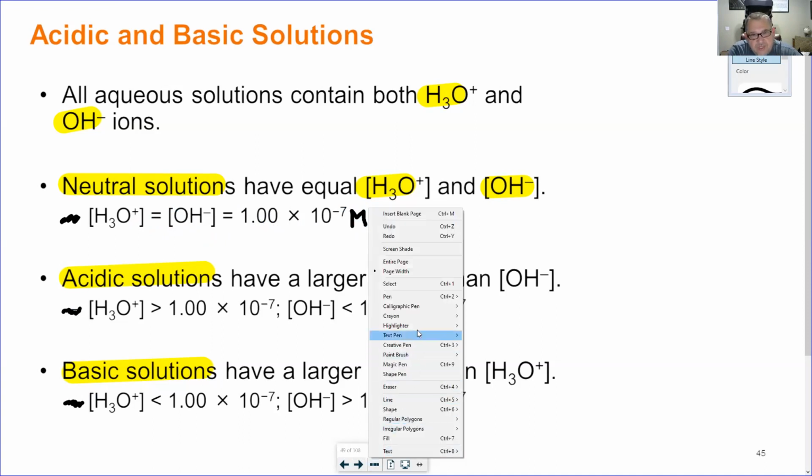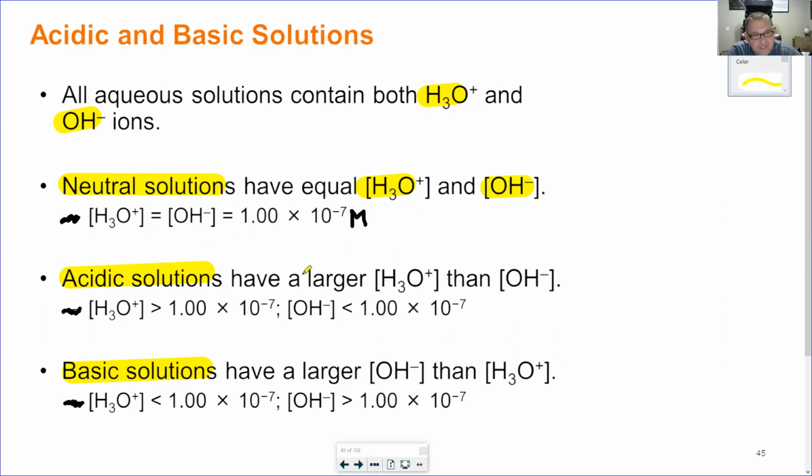By definition, an acidic solution has a larger concentration of the hydronium ion than the hydroxide. So the hydronium ion is something greater than 1 times 10 to the minus 7th, and the hydroxide is something less than 1 times 10 to the minus 7th.